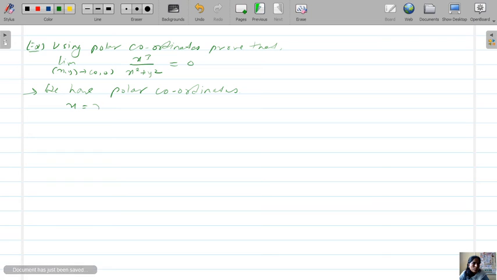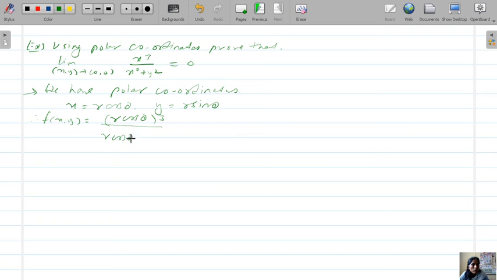So x is equal to r cos theta and y is equal to r sin theta, and therefore f of x y becomes (r cos theta) cube upon (r cos theta) square plus (r sin theta) square. First simplify this.